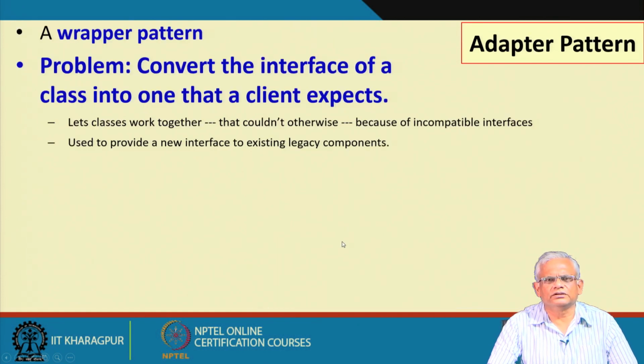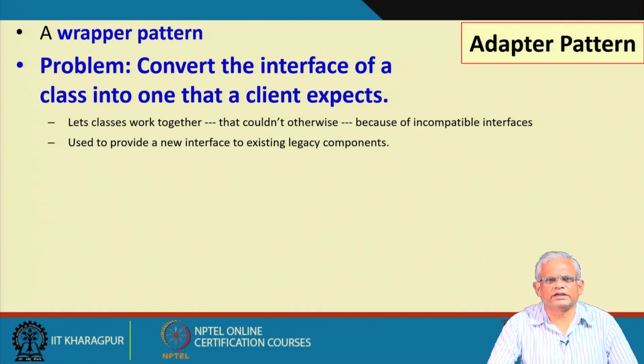The adapter pattern is actually a wrapper pattern. We call it a wrapper pattern because here the adapter is an object which sits around the class that we are trying to use, the object that we are trying to use. It is a wrapper pattern.